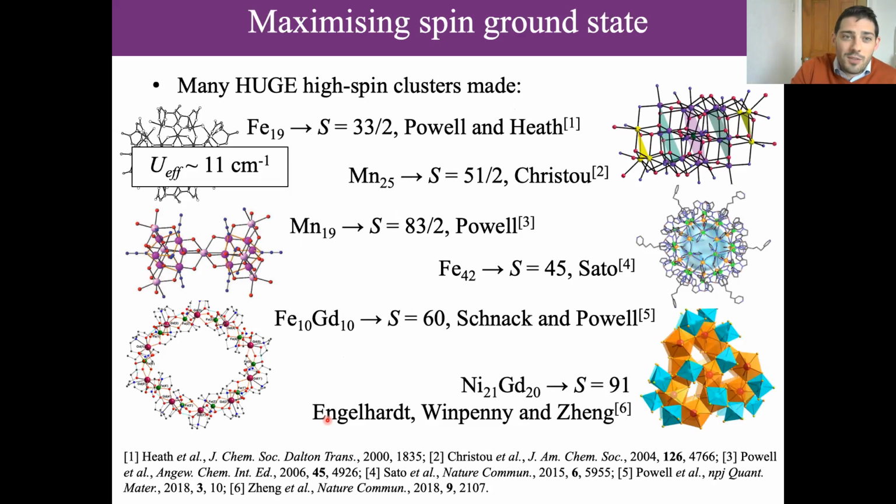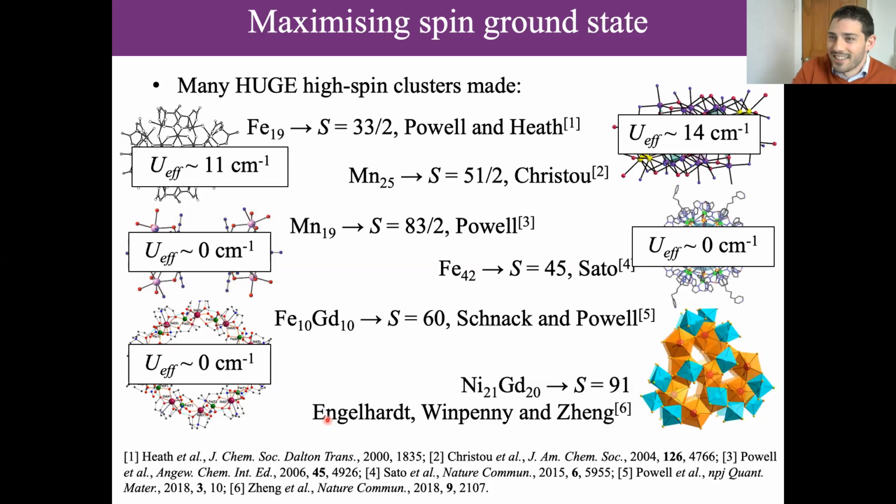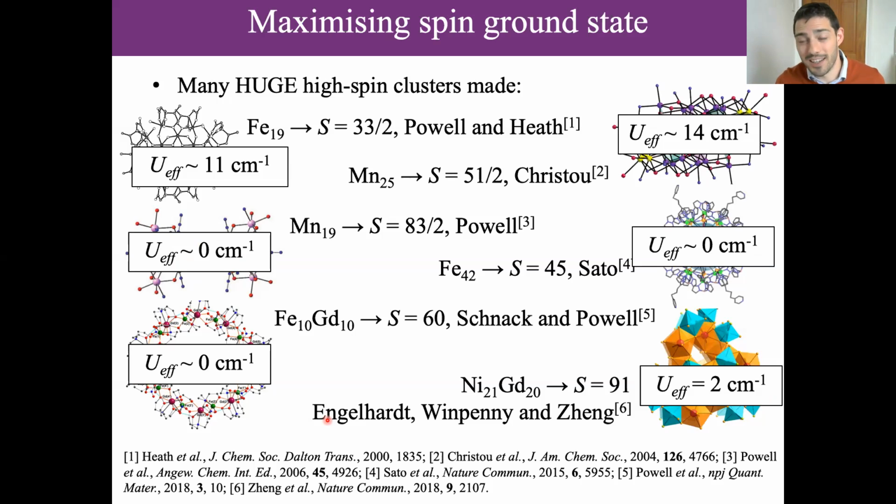Unfortunately, though, the experiments are a little bit damning in the sense that no, it doesn't work quite that simply. And unfortunately, you just don't get what you would expect. The effective barrier does not scale as S squared. And that's for a simple reason that really what you have to have is this anisotropy part, which is where you get the separation, right?